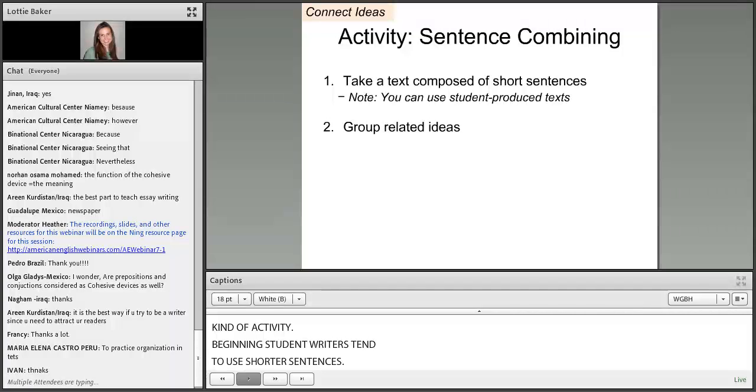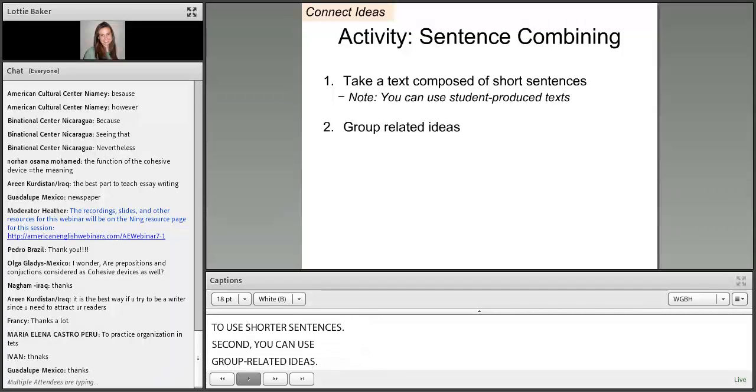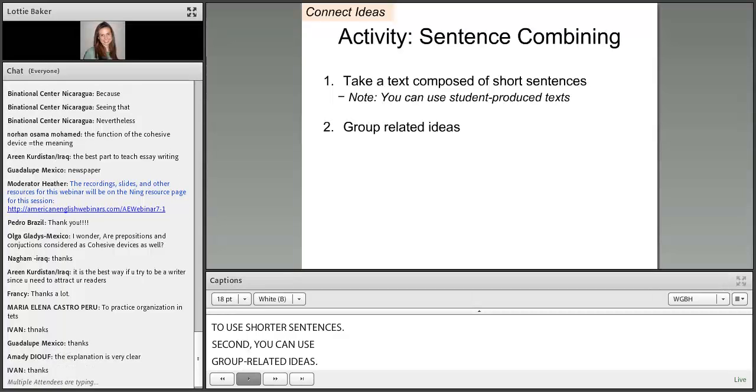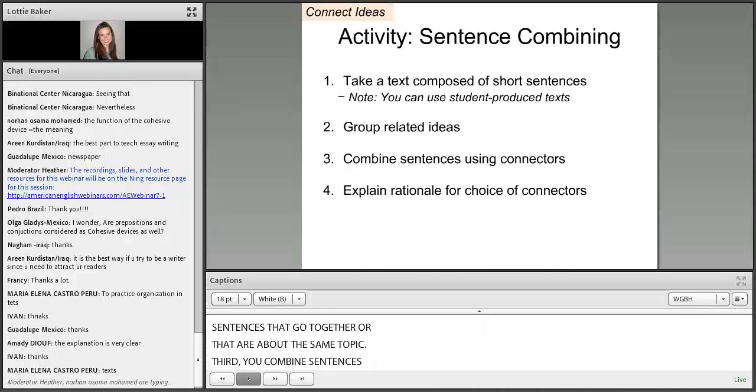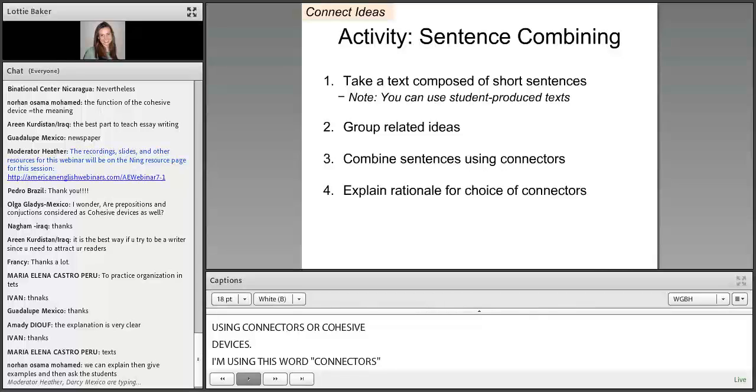Second, you can group related ideas. So help students look at these short sentences and group the sentences that go together or that are about the same topic. Third, you combine sentences using connectors or cohesive devices. I am using this word connectors and cohesive devices to refer to the same thing. And then students can explain their choice, their rationale for their choice of connectors.